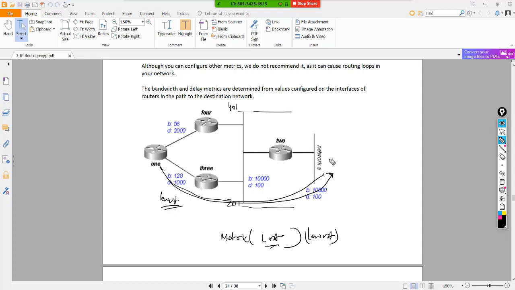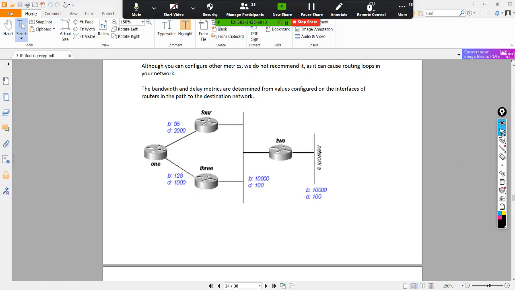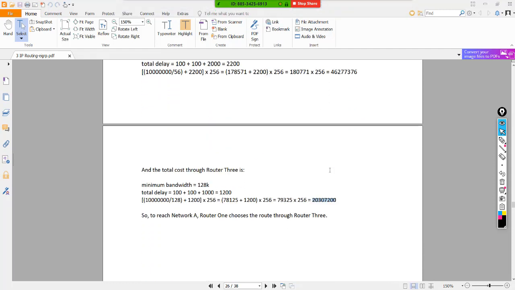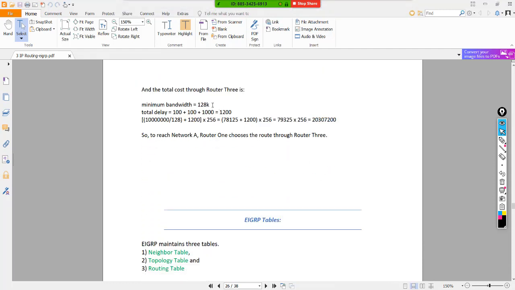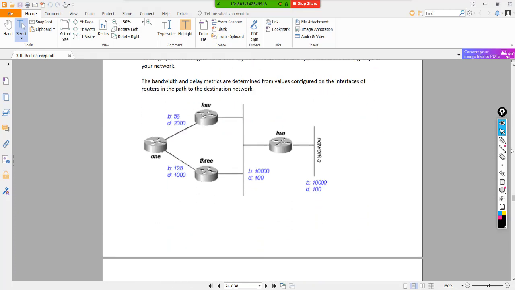So this is how EIGRP will select the path. In path selection, this is how EIGRP sees which is the best path, and it's going to forward the packet to that path only. What about the second path? Do you think this path will be ignored completely and not used?